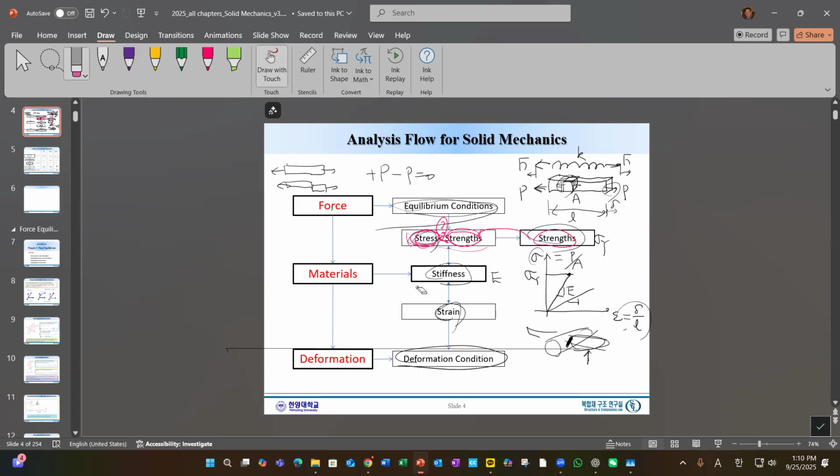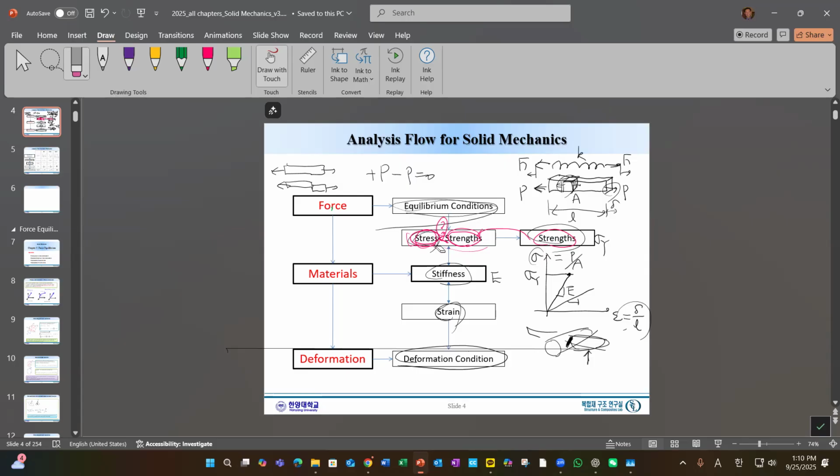So stress and strain are related through stiffness, and this strain field has to meet the deformation condition, and the stress distribution has to meet the equilibrium condition inside the body. Again, this 351 flow chart needs to be recalled as often as possible, and I'm sure it will guide us to all the subjects we are learning in this class.